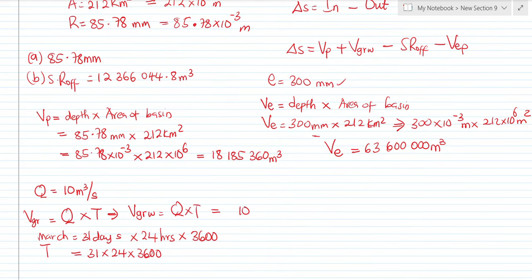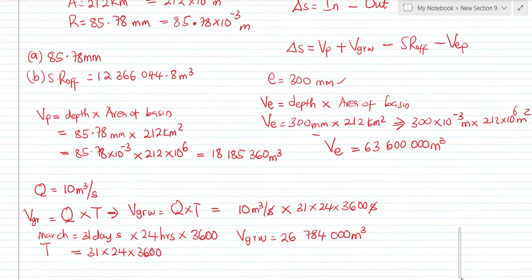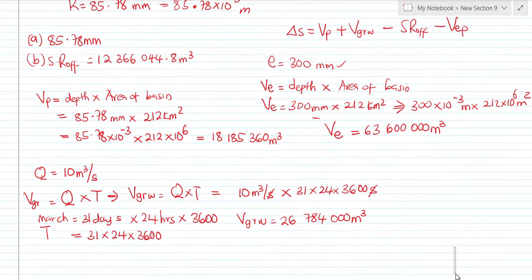That is 10 meter cube per second times 31 by 24 by 3,600 seconds. So the second will cancel the second. Let's multiply and see. We are going to get 26784,000 meter cube.